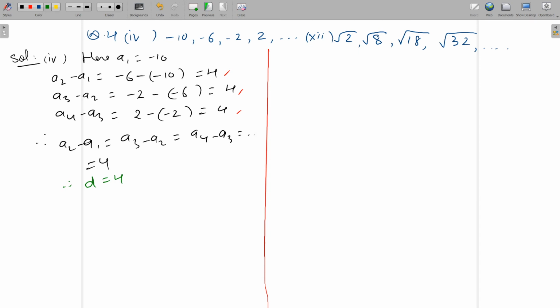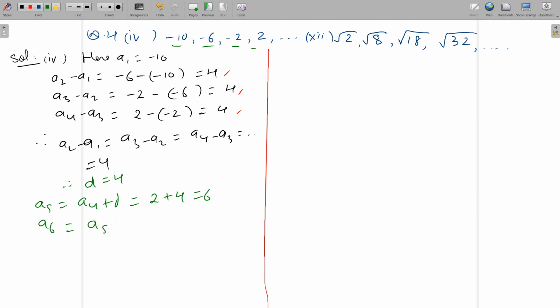So how many terms are given here? A1, this is A1, A2, A3, A4. So we have to write A5 now. What is A5? A5 is A4 plus D equal to, what is A4? 2. 2 plus D, D is 4. 2 plus 4 is 6. Similarly A6. So what is A6?